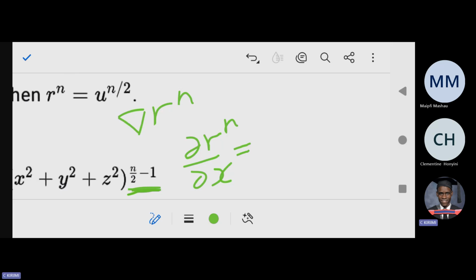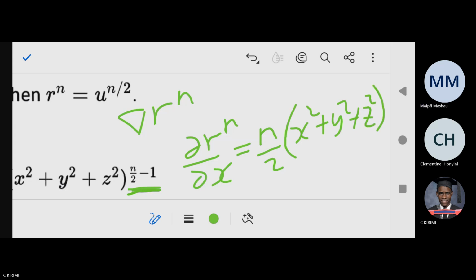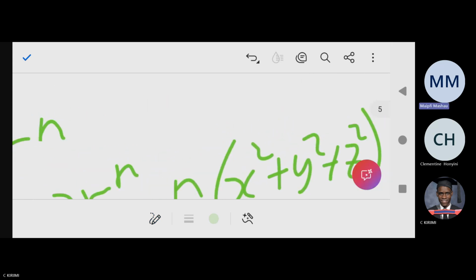So to the power n, it will be n over 2, which is your constant, multiplied by x squared plus y squared plus z squared, to the power n over 2 minus 1.